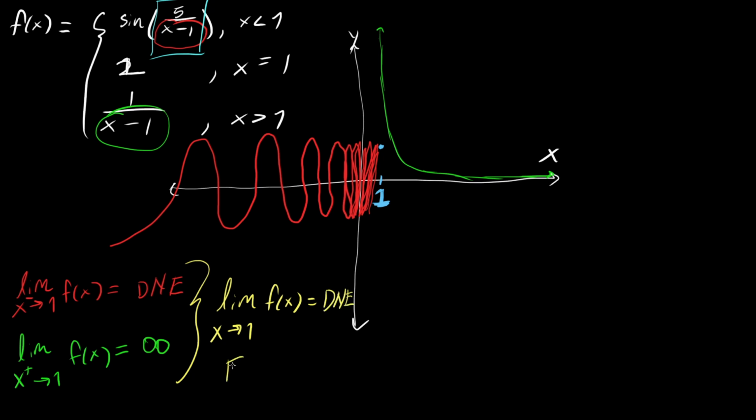And it's an essential discontinuity because the limit of either the left or the right side tends to a value that is not in the set of real numbers. And this is the symbol for the set of real numbers. Does not exist is obviously not in the set of real numbers, and infinity is also not in the set of real numbers, even though it's not as obvious, because infinity is just a concept. It's not a number in itself.